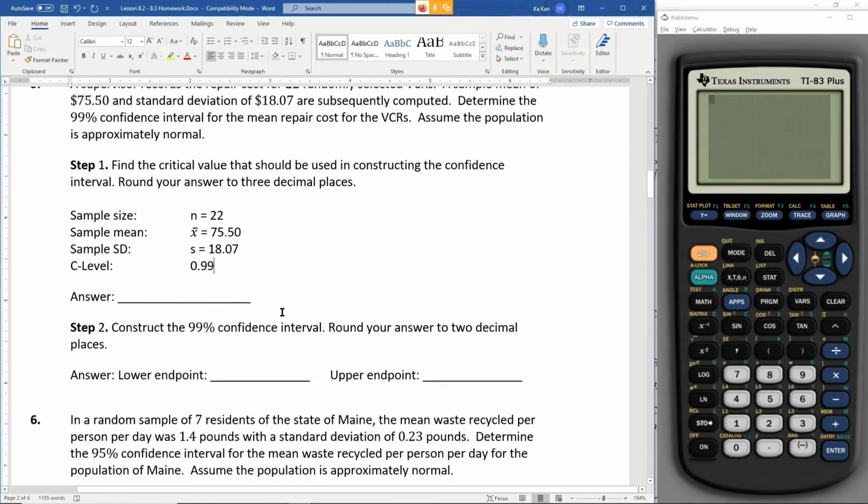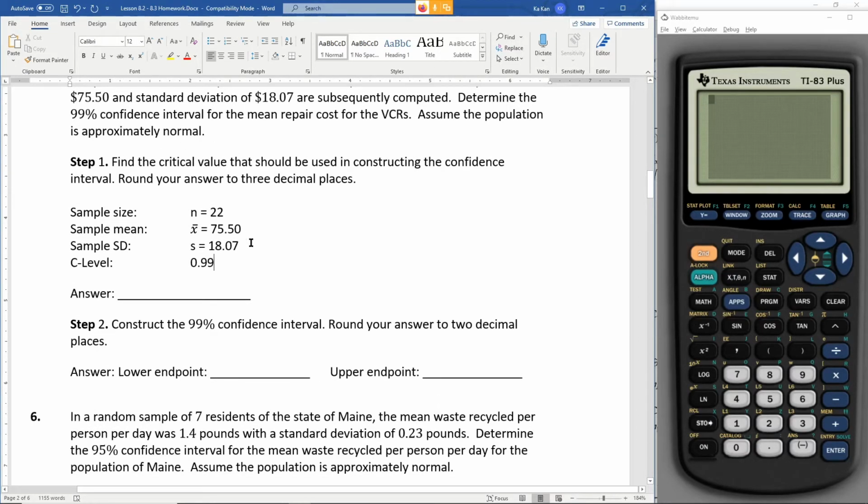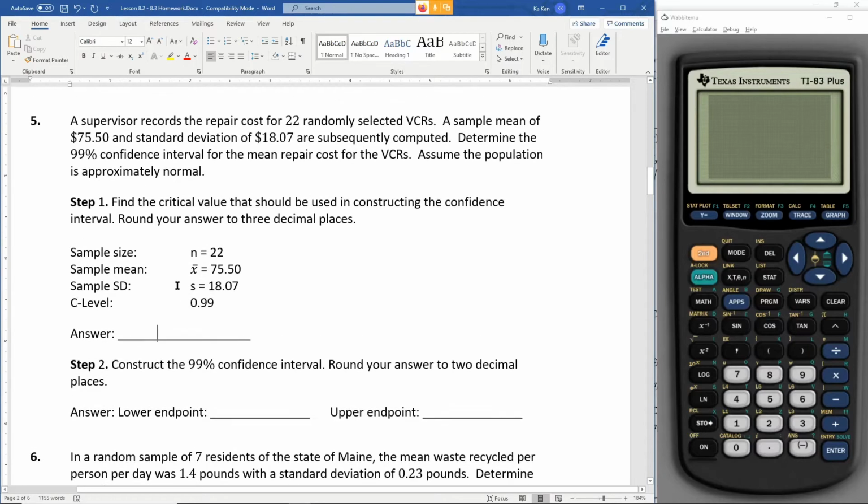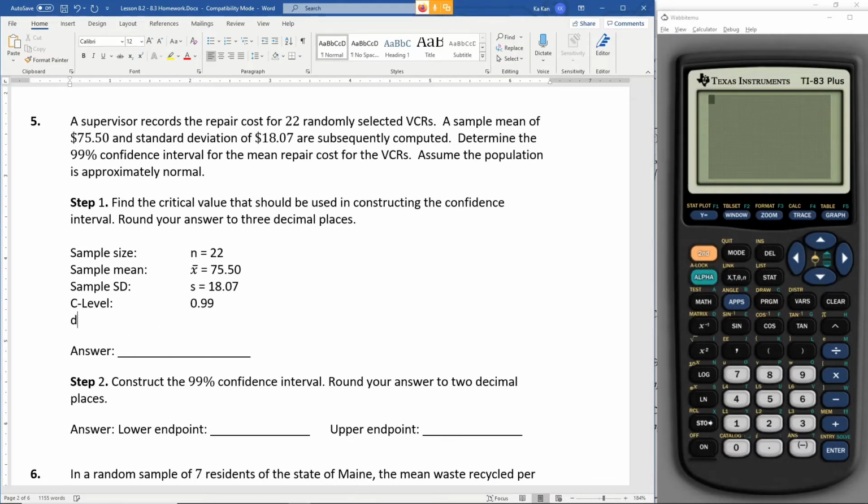So we need to first find the critical value. The critical value, just as we mentioned before. We know the degrees of freedom, well, maybe I should type it like this, degrees of freedom, remember, is one less than the sample size. So it's 21. So how do we find a critical value?